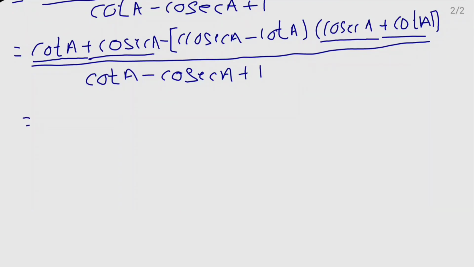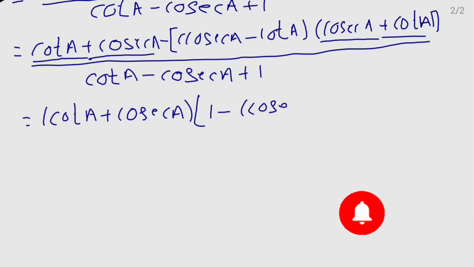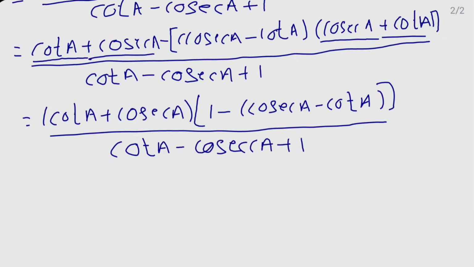So we'll take outside cot A plus cosec A, and the remaining term here is 1 minus (cosec A minus cot A), and this divided by cot A minus cosec A plus 1. Is it clear?